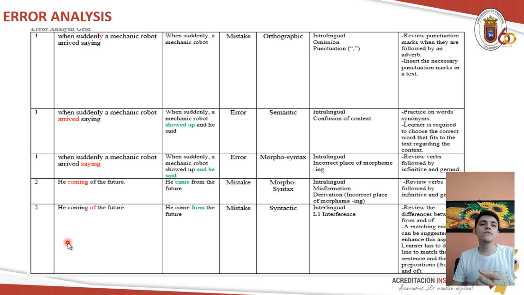And the source of this is interlingual, first language interference, and so for that reason I suggest to review the differences between from and of. I suggest this activity: a matching exercise can be suggested to enhance this aspect. The learner has to draw a line to match the sentence and the preposition from and of.